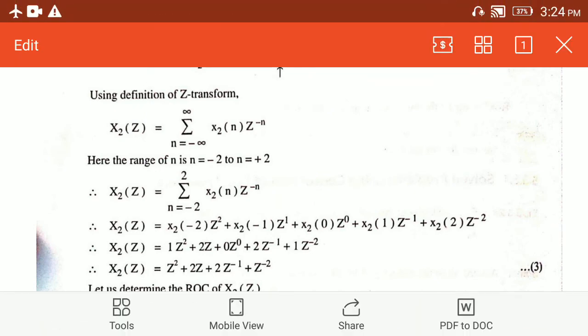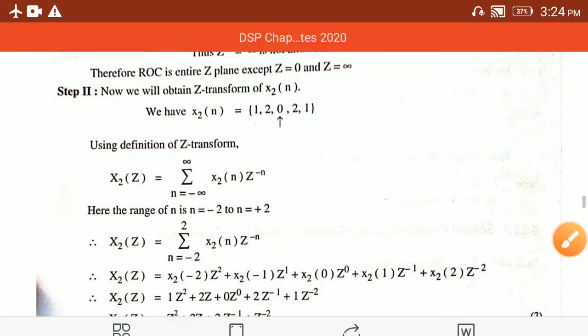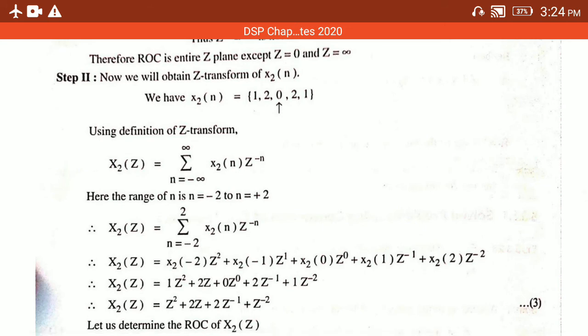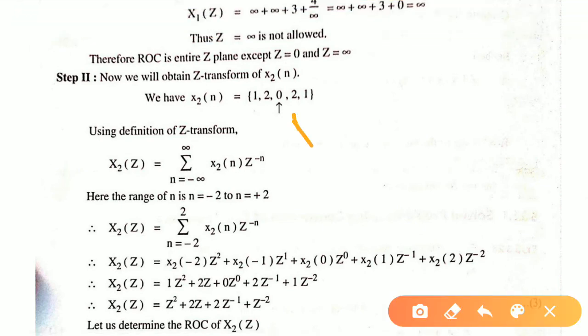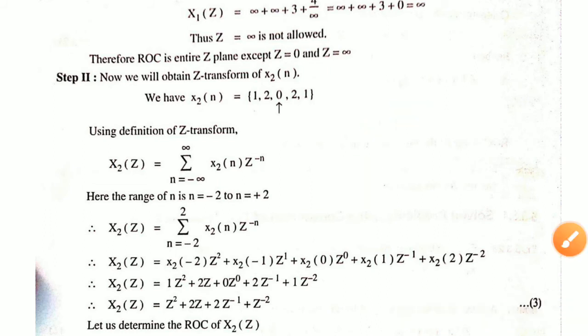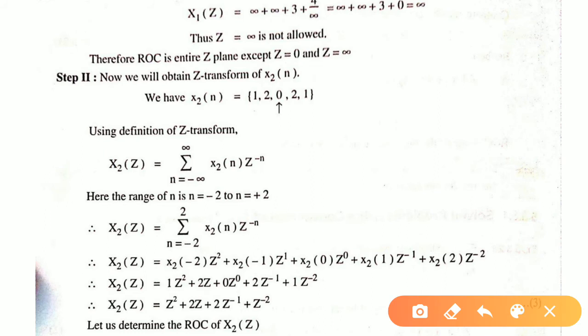Why is there minus 2? Because, as I said earlier, the arrow always indicates x of 0, and the values to the right side of this arrow become positive. So x of 1 is 2 and x of 2 is 1, and towards the left, x of minus 1 is 2 and x of minus 2 is 1.